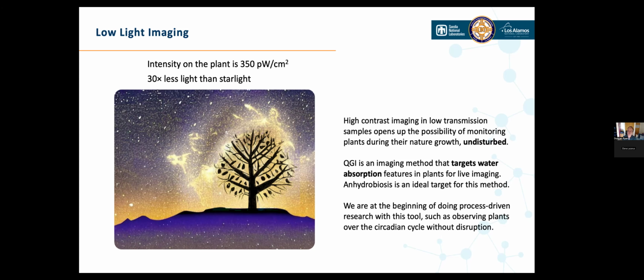And I think this is a really powerful concept to contemplate: if you have an imaging method which does not disturb what you are doing, does not create a dynamic or induce a biological process by the sheer act of trying to measure it, then you can really tune your measurements down to what the plant is doing.